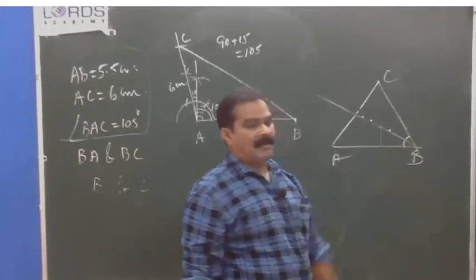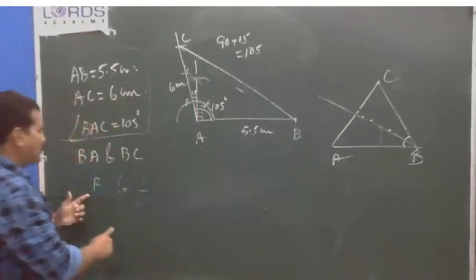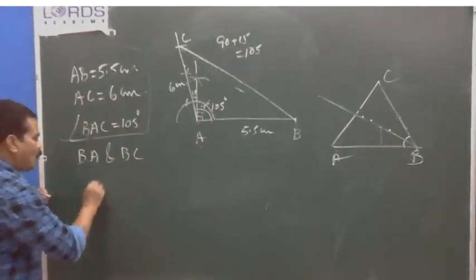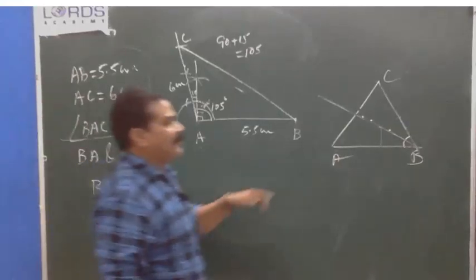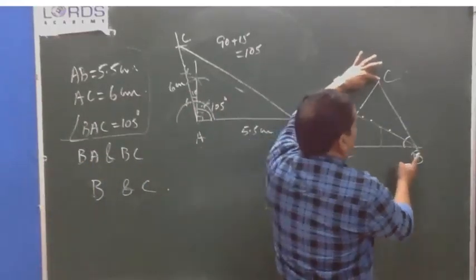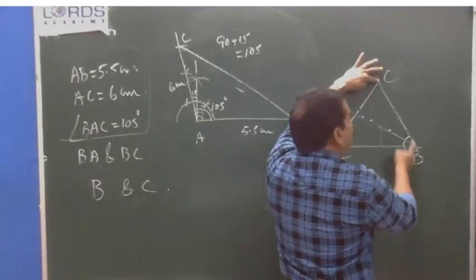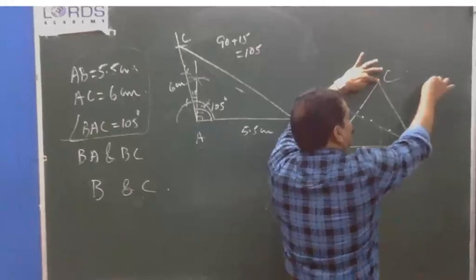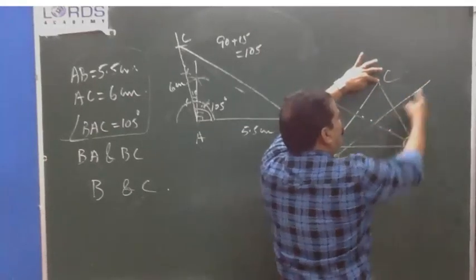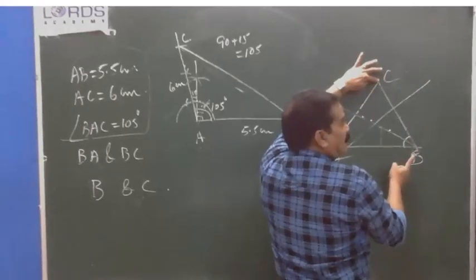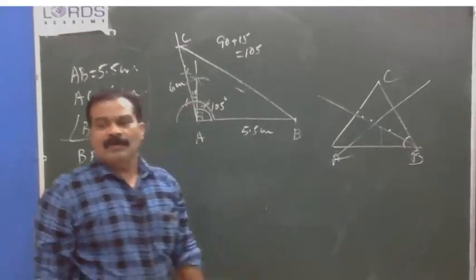Then again, construct the locus of points equidistant from B and C. B and C means you draw the perpendicular bisector of BC. This will be the locus of points equidistant from B and C. That is the meaning of these two statements.